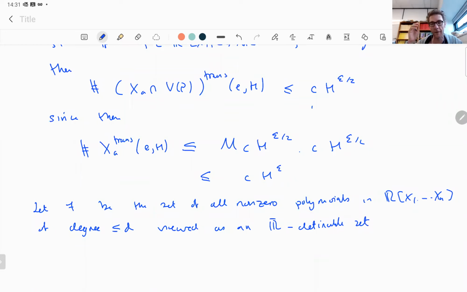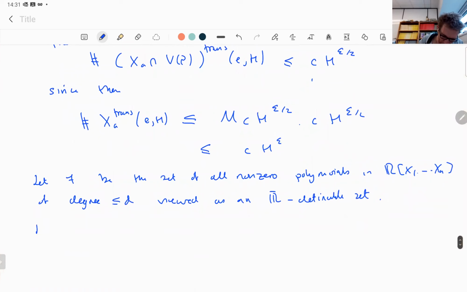So it's just R to the n, where n is the number of monomials. So identify the polynomials with their coefficients, and then you remove the 0 one. And then I can let curly V in F times R to the n be the family of all hypersurfaces of degree at most d.